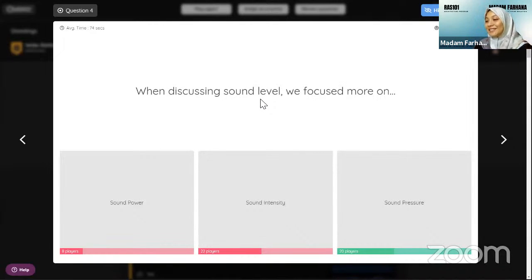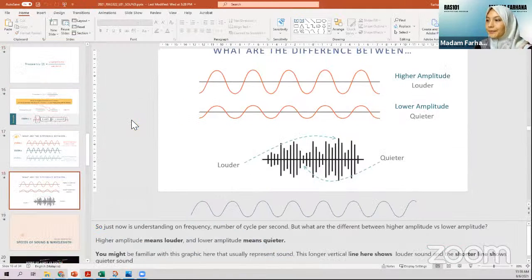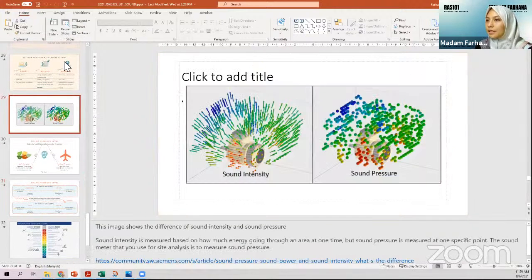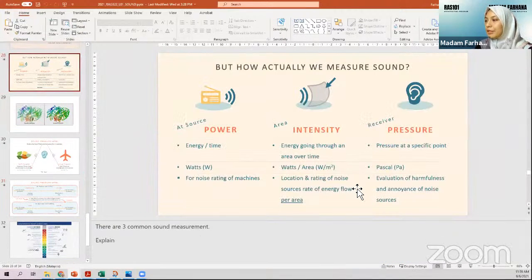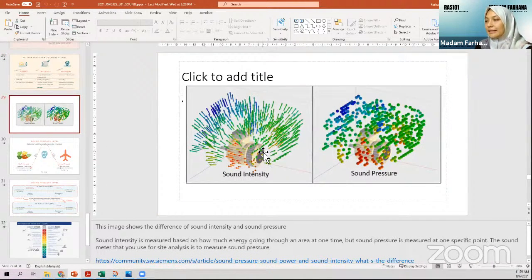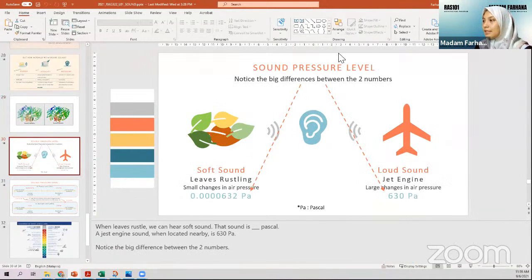More of you got the wrong answer than the correct one. Okay, this is where I explain here. So that's 3, but usually we use sound pressure because sound intensity is the one that I showed you just now. Sound intensity is more on how the sound is at one area per second, per certain time. Okay, see sound pressure level.